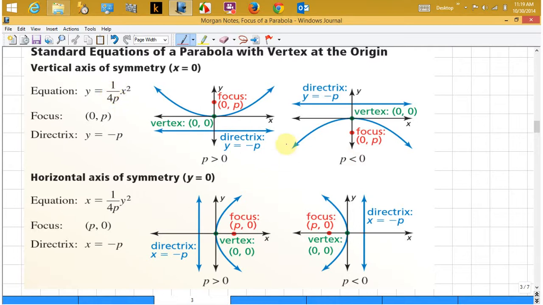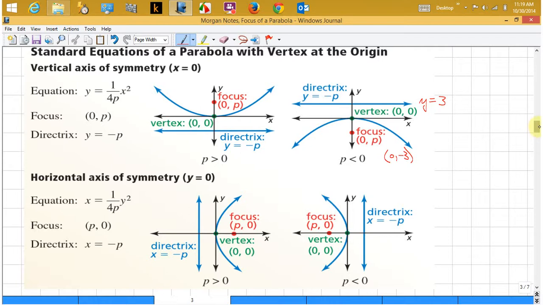The parabola will open down. The focus will then be p units downward, because the actual p value here will be a negative number, like a negative 3. Okay, so let's just think about that. If this p was actually a negative 3, then that means my directrix up here must be the line y equals 3.